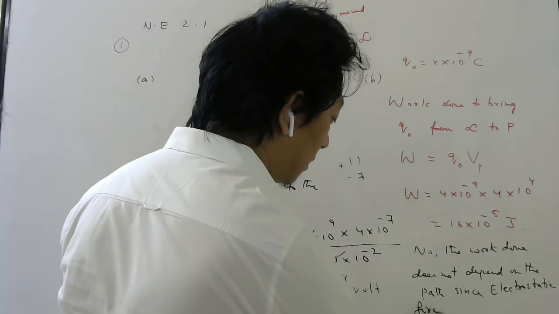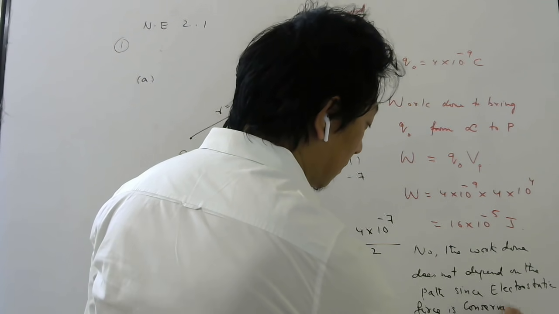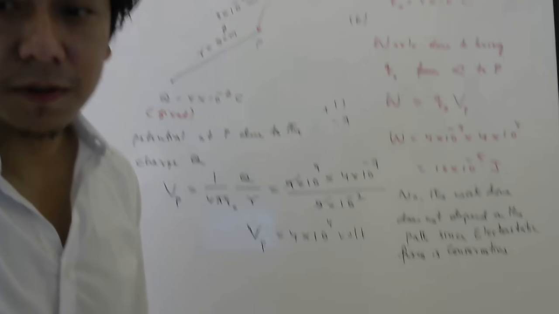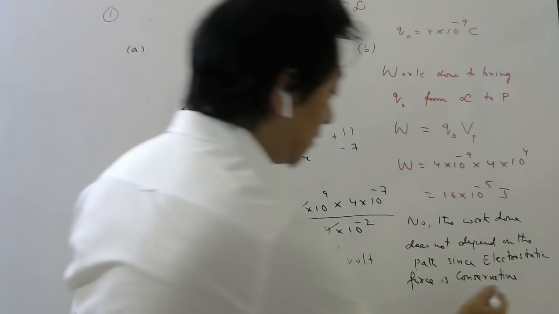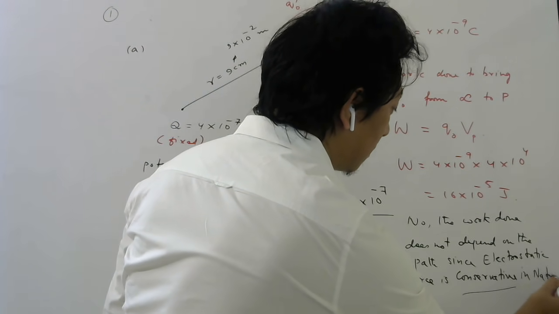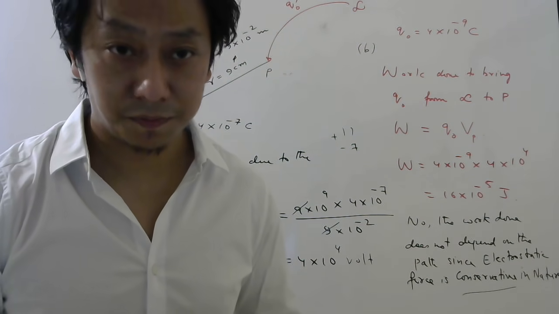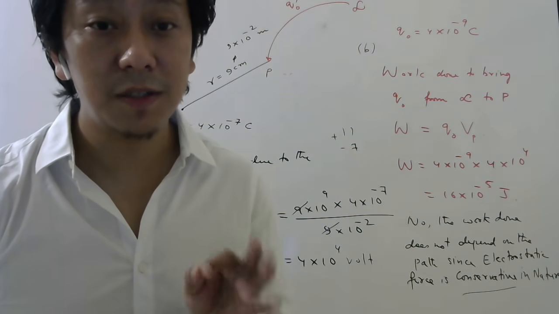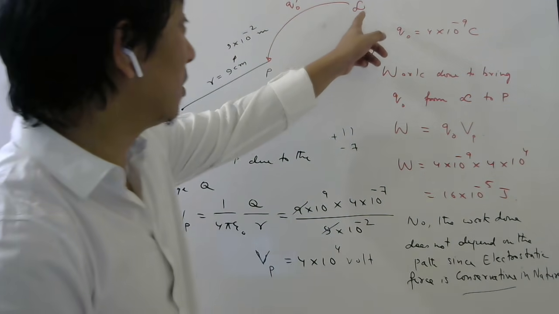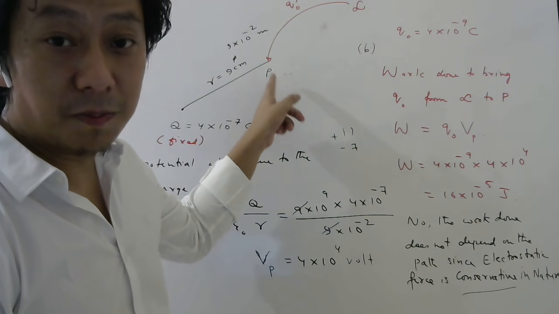Remember, conservative force. Electrostatic force is conservative in nature. Conservative force means the work done does not depend on the path. It only depends on the initial position, which is infinity, and the final position, which is P.